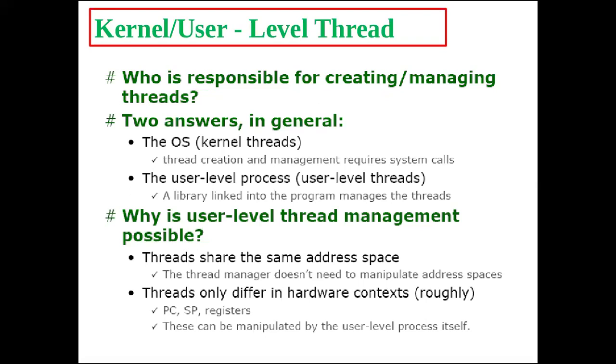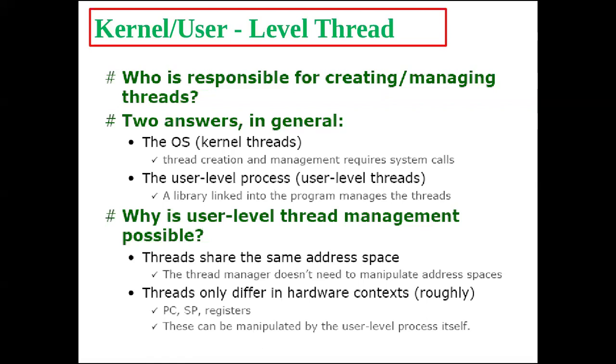Though I wrote PC, ESP, and registers here, I mean EIP, ESP, and your registers. The process can manage these values. Correct. So this distinction between kernel level and user level threads is essential to understand how thread management can be implemented in different ways, and it gives flexibility in how threads are created and controlled.